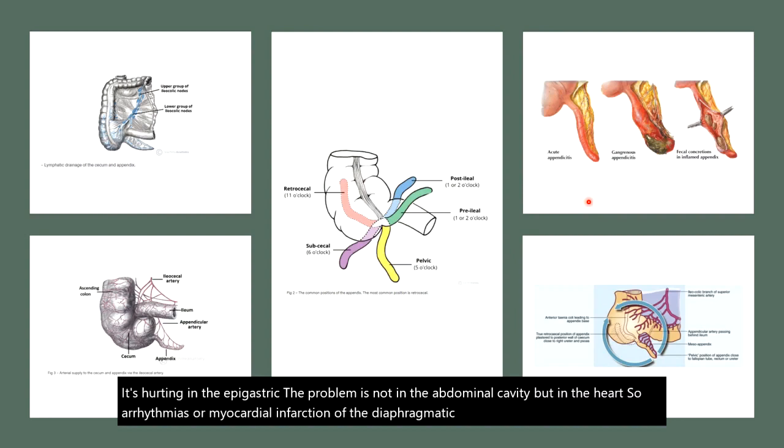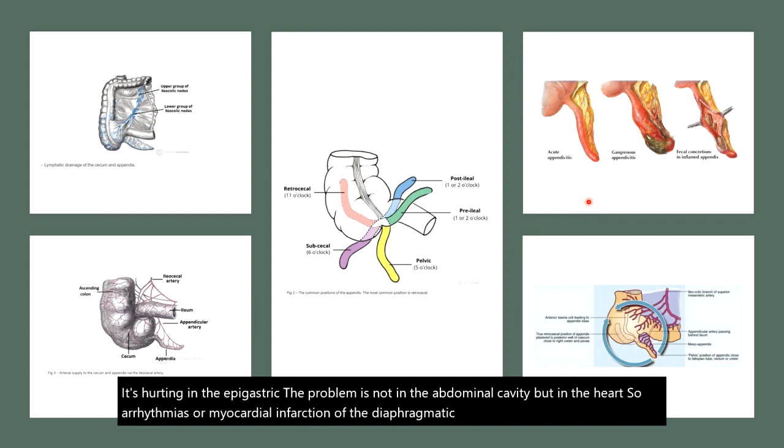The steps are going to be obstruction of the appendix, followed by stasis of the bacteria. Bacteria are going to start producing gas. An elevation of the pressure inside the appendix will cause an obstruction of the vein circulation and also of the artery circulation.